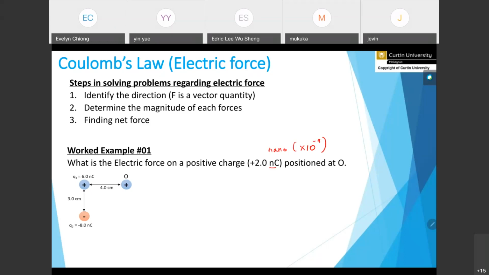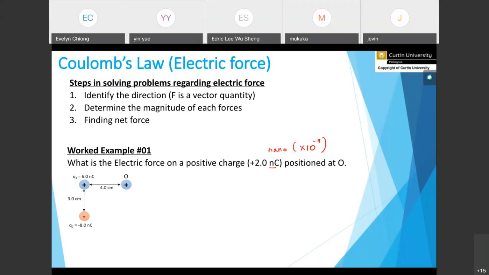Position at O, at origin position here. So now how do we calculate this? It wants us to determine the electric force on the positive charge at position O. So now we want to determine the electric force on O due to Q1 and also due to Q2.